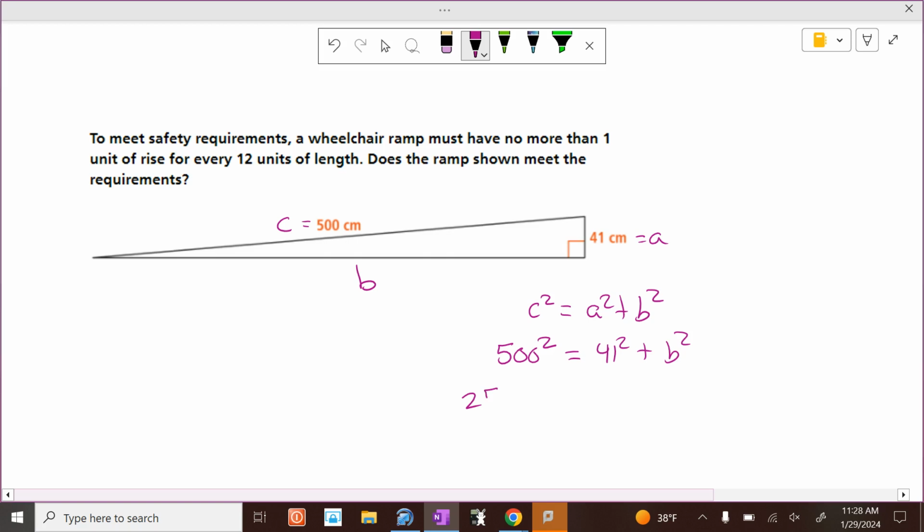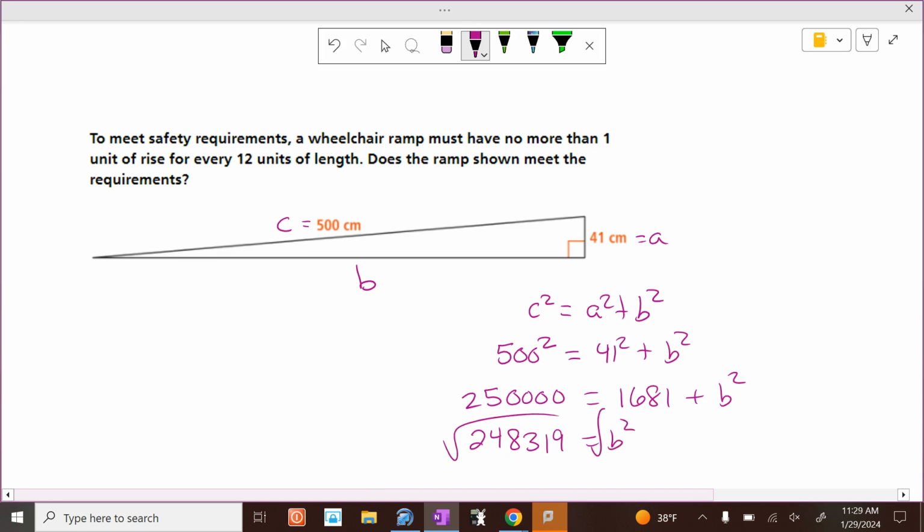500 squared is 25 with 4 zeros behind it. What's 41 squared? 1681. Plus b squared. So if we subtract 1681 from here, it's 24 something. 248,319 equals b squared.